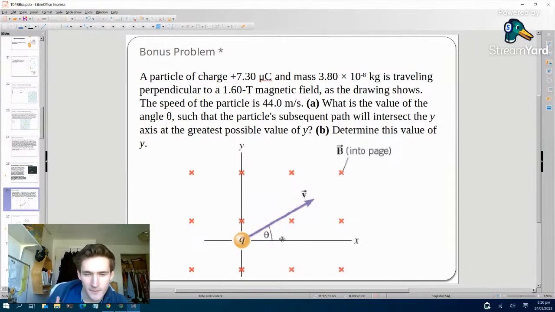So when it's at the greatest possible value of y, then the velocity is going to be traveling at a 0-degree angle along the x-axis.